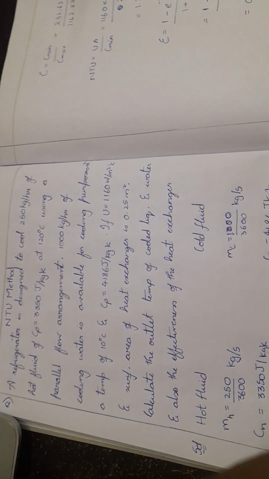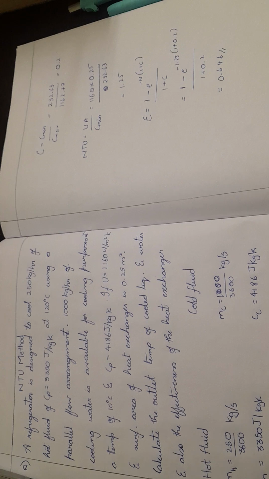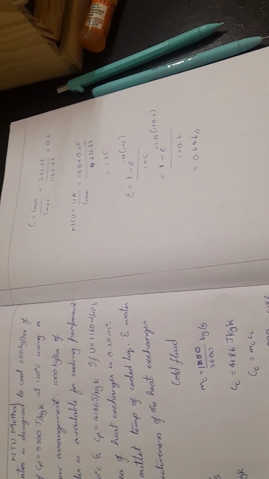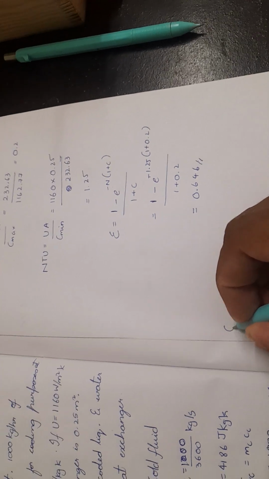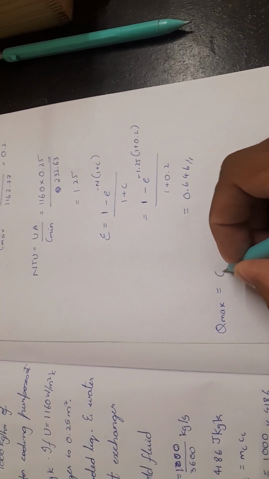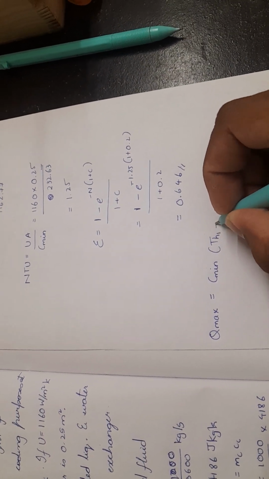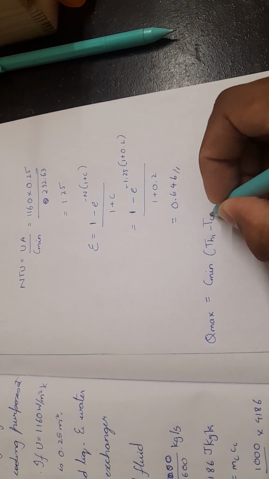We've solved the first part of the sum. Now he's also asking us the outlet temperature of the cool liquid and water. In order to find the outlet temperatures, we can use the standard formulas, as we all know. The maximum heat transfer would be Q max, which is C minimum into THI minus TCI.